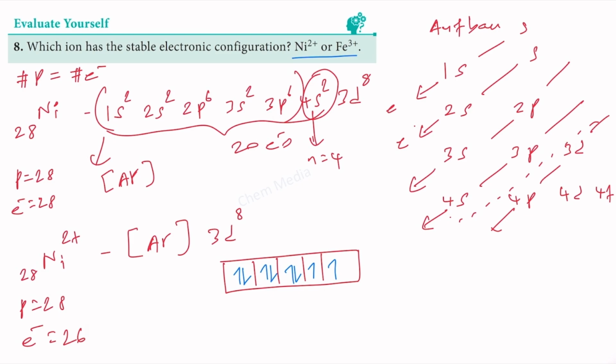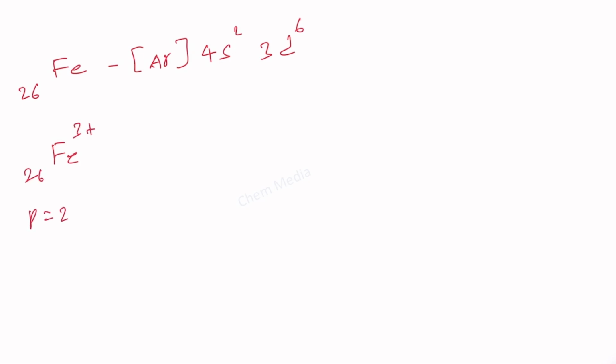Now, let us write the electronic configuration of Fe3+. For Fe, let us first write the electronic configuration. Atomic number is 26, and therefore, argon that has 18 electrons, and then 4s2 makes 20, and then 3d6. Now, if we say Fe3+, this means the number of protons will still be 26, but the number of electrons will be only 23.